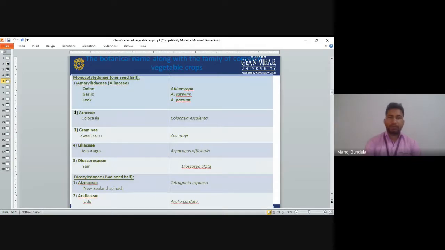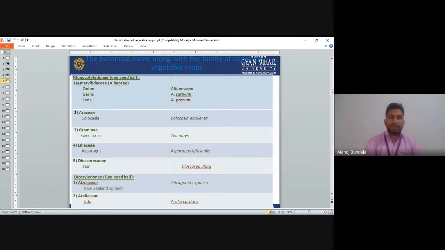The botanical name, along with the family of the common vegetable groups, is given here. First we will discuss the monocotyledons. Monocotyledons means one seed half is present. In monocotyledons, the first family is Alliaceae, earlier called Amaryllidaceae.